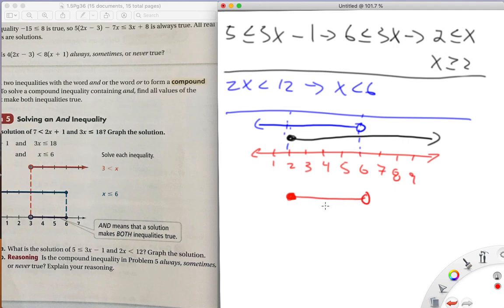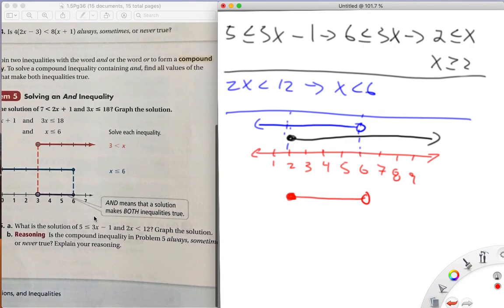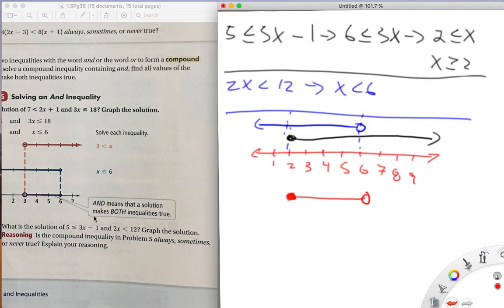So we can say that x is greater than or equal to 2 and less than 6. They ask us if the compound inequality is always true, sometimes true, or never true. This is going to be sometimes true, only when x is greater than or equal to 2 and less than 6.